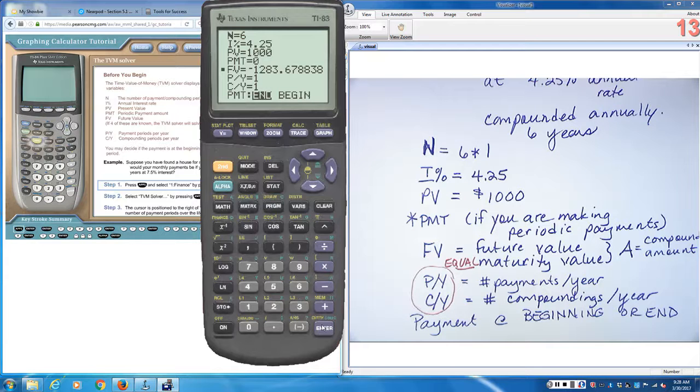It's the green button and then enter to solve. Now notice that it comes up negative. It's going to do that. But that's exactly the same answer that we got when we did the problem: $1,283.68.